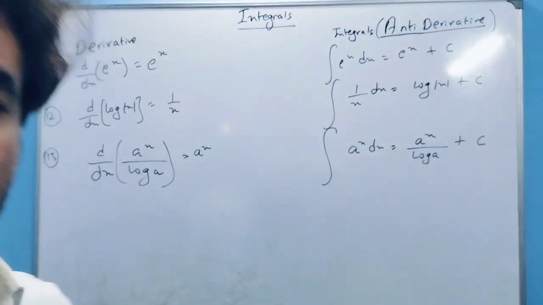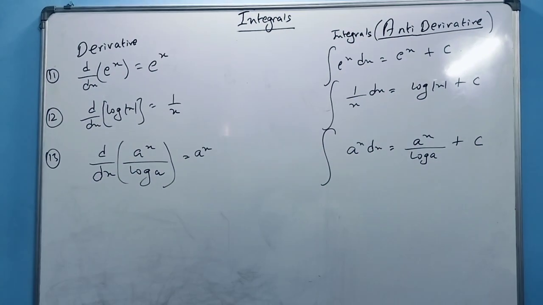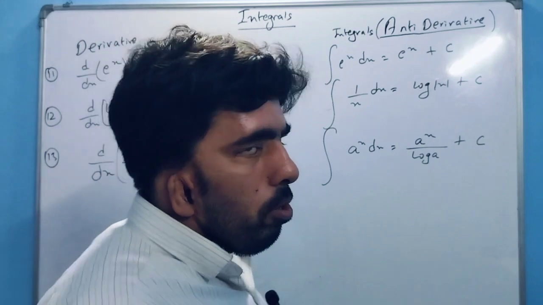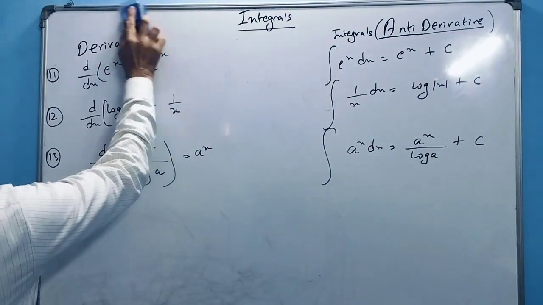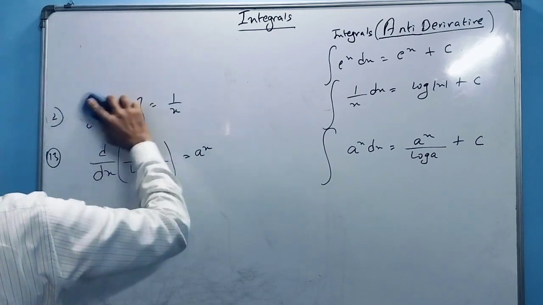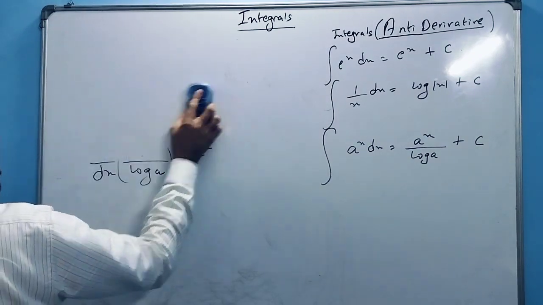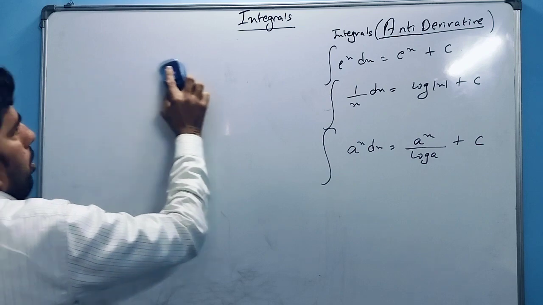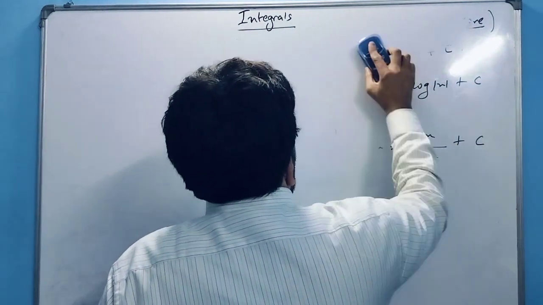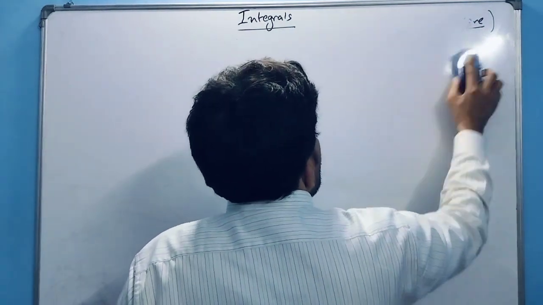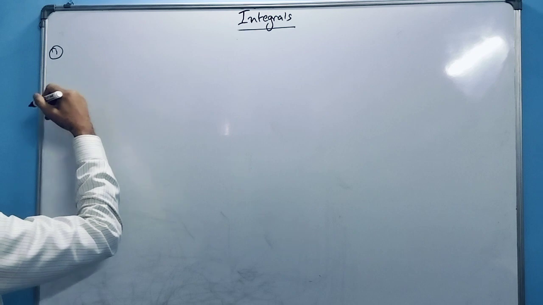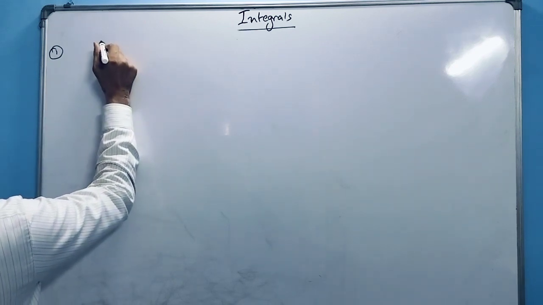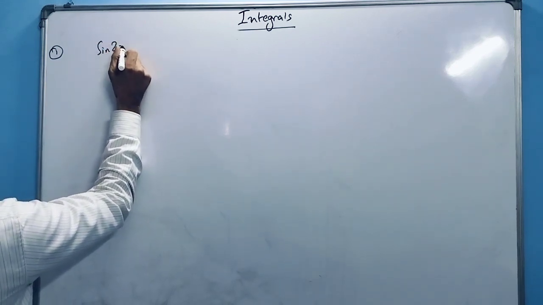Okay, so let us see. Now we'll try to solve numericals on this. Let us try to find the antiderivative. For example, we have one question here from the NCERT exercise, to find the antiderivative of this.